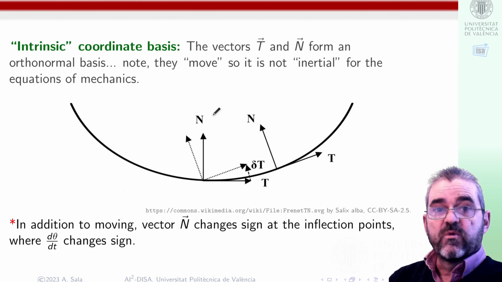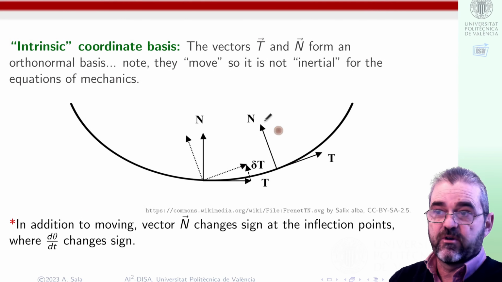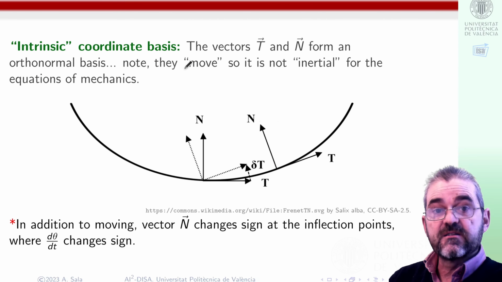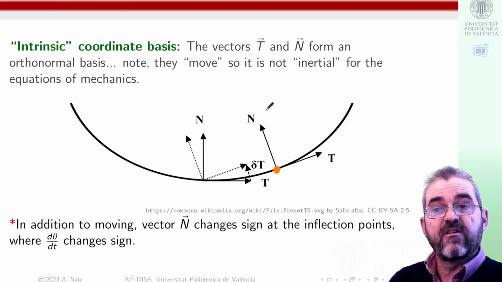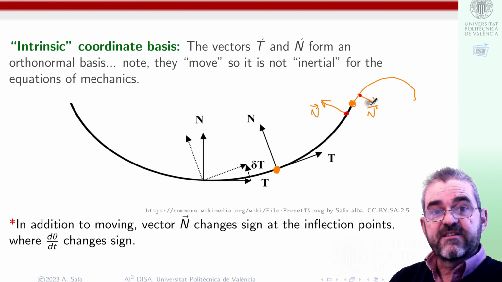So, to end up, once we have the tangent and normal vectors, or normal left in our case, we will have what is called the intrinsic coordinate basis, a coordinate basis that moves with the point and turns according to the curvature of the trajectory being followed. And the normal vector changes sign at inflection points in the trajectory when we change from turning, let's say, anti-clockwise to clockwise.